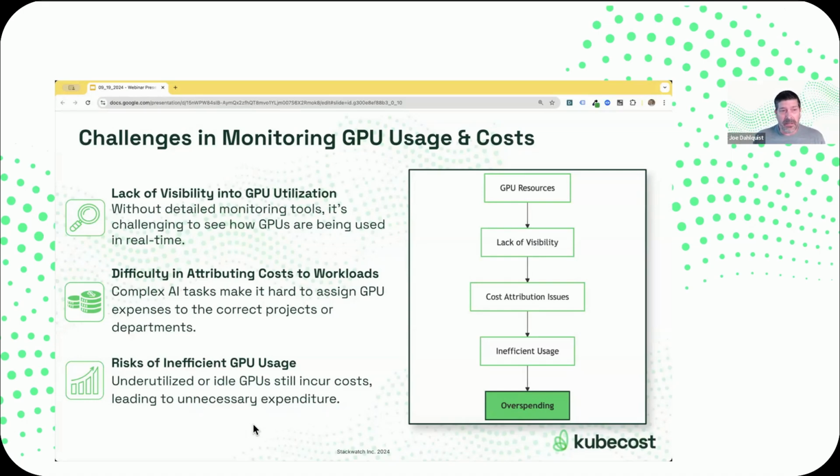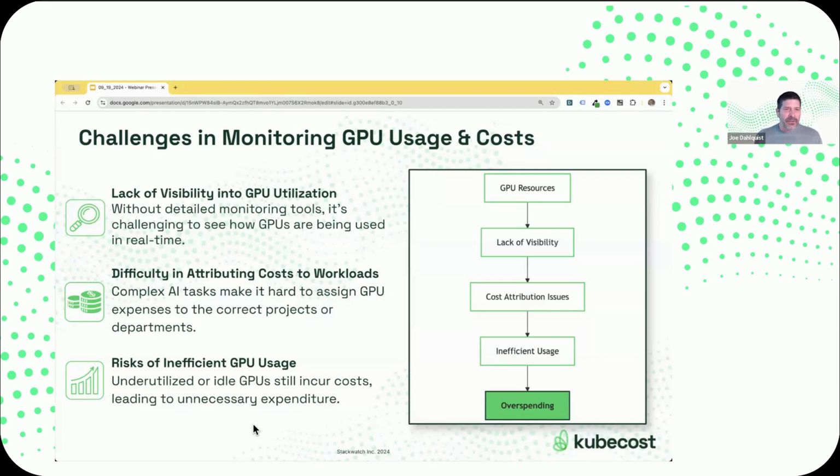It's basically impossible. The second challenge is that it's really difficult to attribute costs to specific workloads. AI and machine learning tasks frequently involve multiple models and multiple data sets all running concurrently across various GPU resources that you've got.